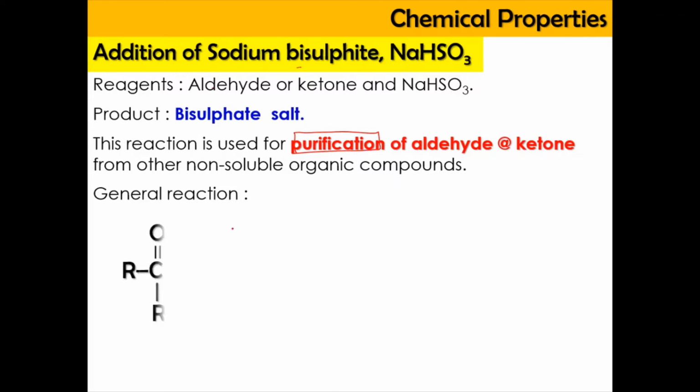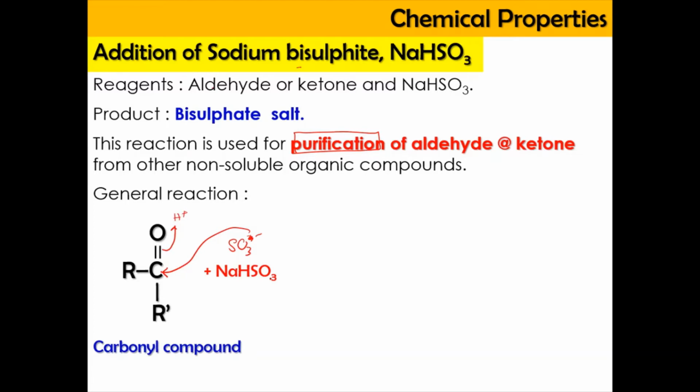So we have our carbonyl compound here, which is a ketone, and we're going to react it with the bisulfite salt, which is sodium bisulfite. What happens here is almost similar to the previous slide, where SO3 2 minus attacks here, and as a result it becomes SO3 minus when it attaches, and the double bond O becomes OH here.